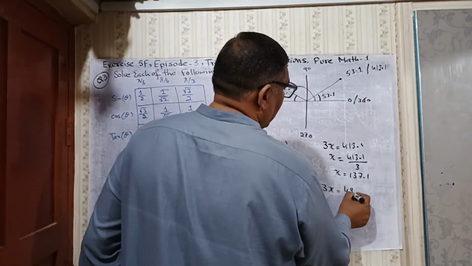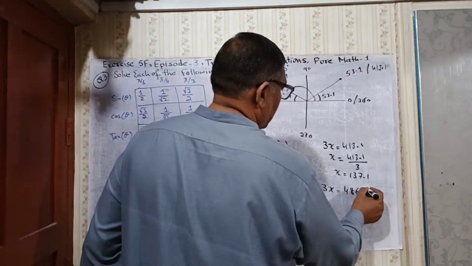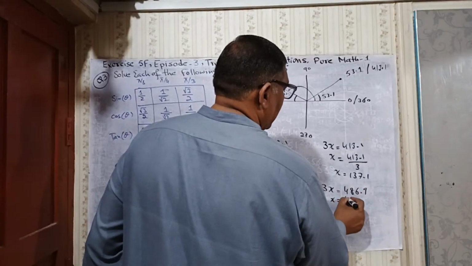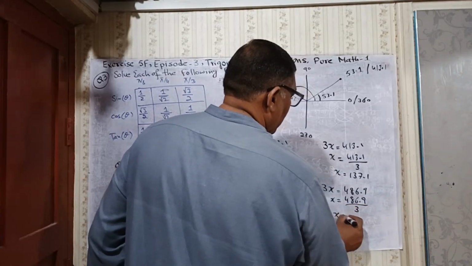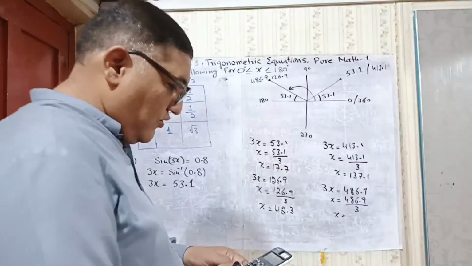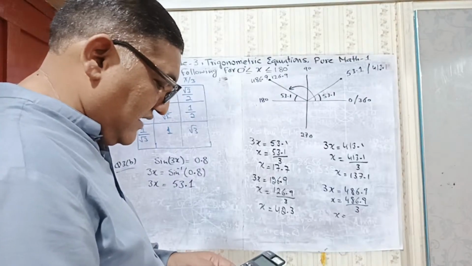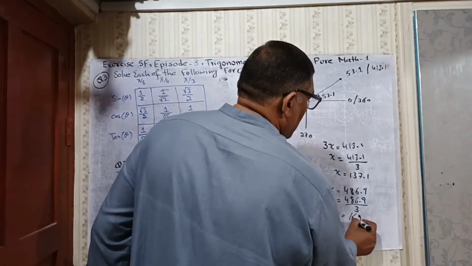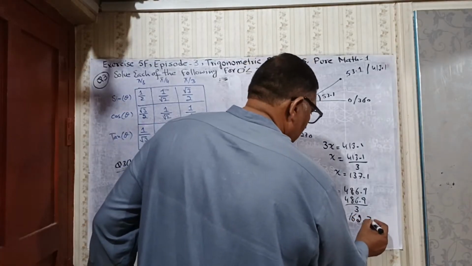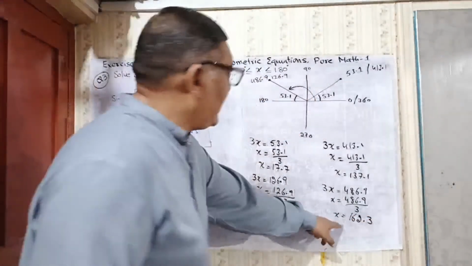486.9. When I divide it by 3, my x will be equal to how much? 486.9 divided by 3 is 162.3. You see, this is again in this range.